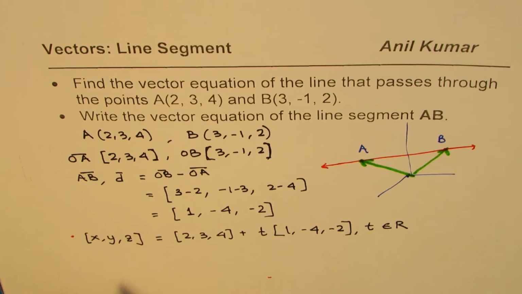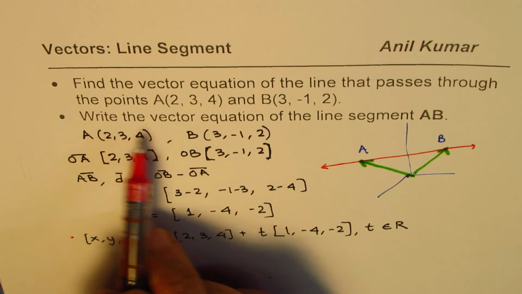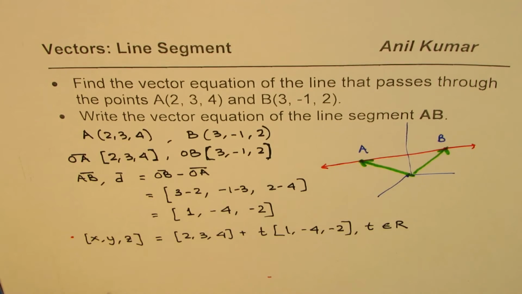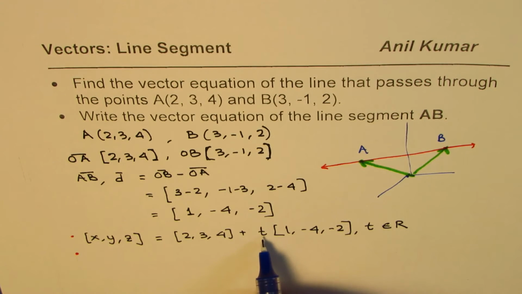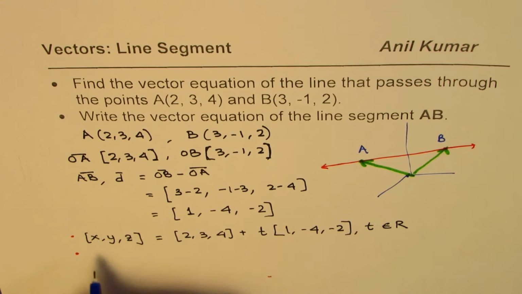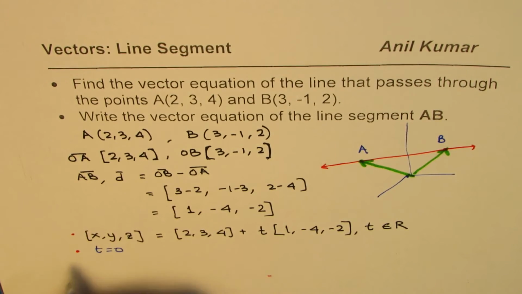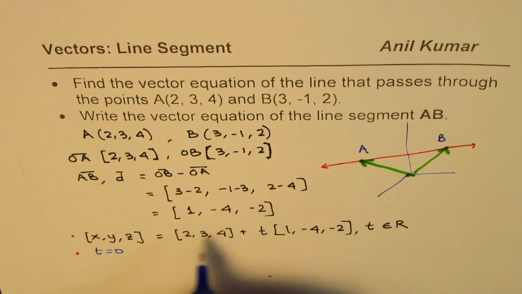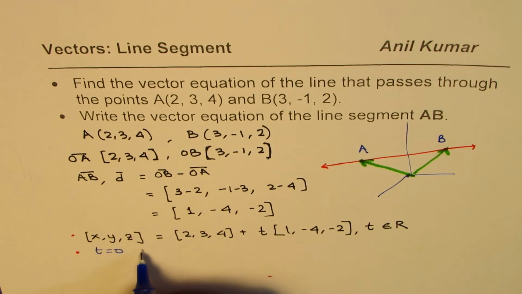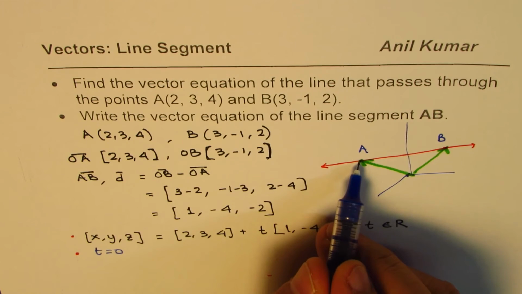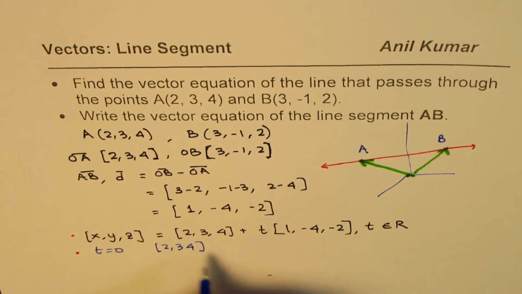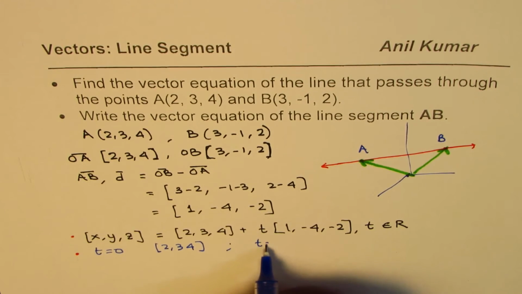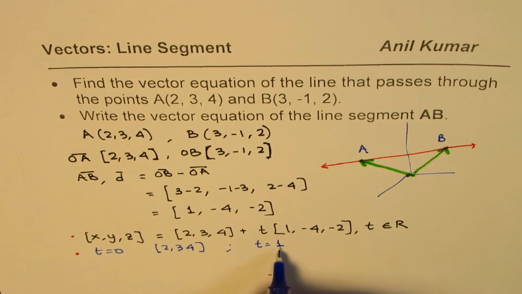Now the question is, how do we get the vector equation of the line segment AB? Now you'll see that if I write t equals 0, then what happens? If t equals 0, then we get (2, 3, 4). So the vector is pointing to A. And if t equals 1, then what do we get?